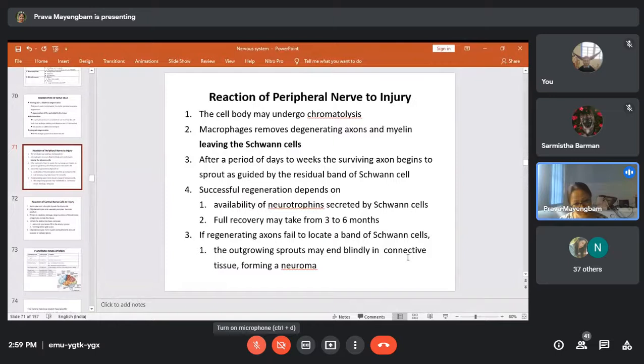That is called a scar in other tissues, and in this case, that portion which is formed by connective tissue is the neuroma. Is it okay? Yes, ma'am. Thank you.